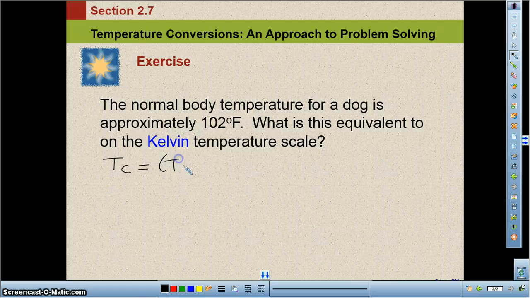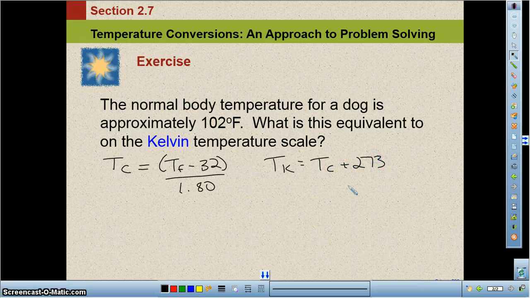So I'm going to use this formula, T sub F minus 32 divided by 1.80. Once I get my temperature in Celsius, then I want to change it to temperature Kelvin. So I'm going to put in the Celsius temperature and add 273 to it.